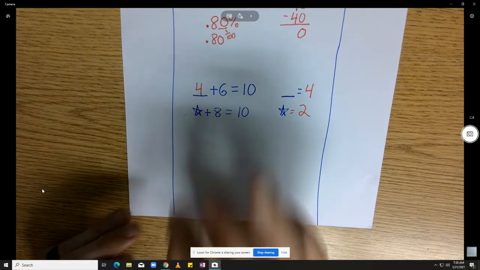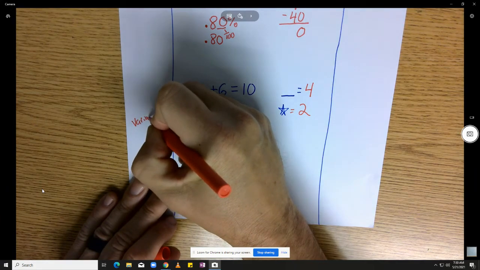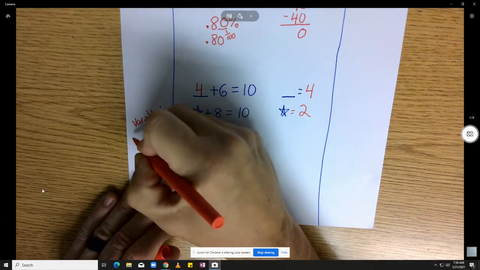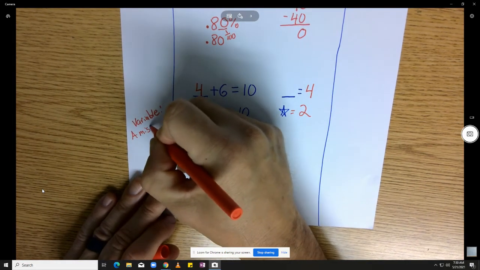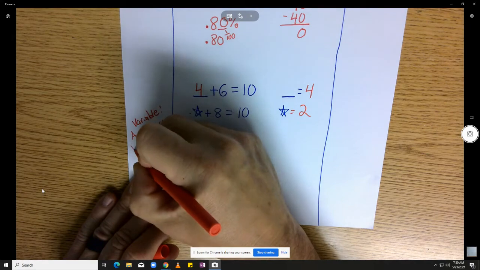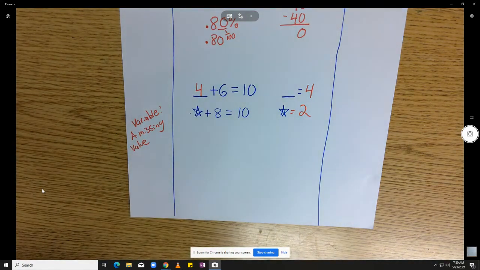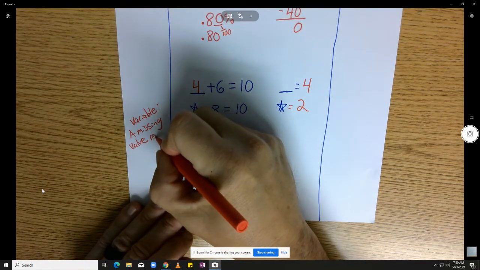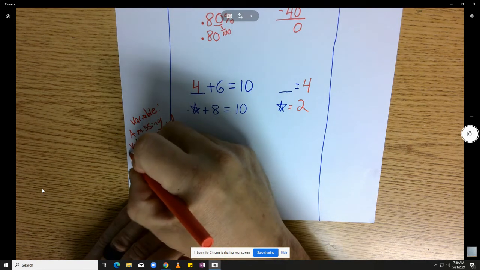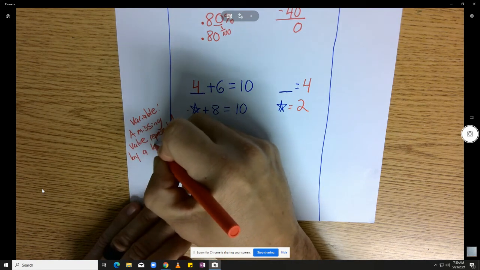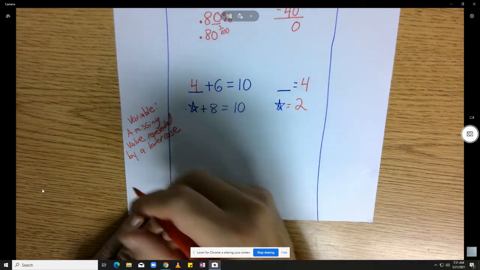They will use lowercase letters. So over here, write a variable. What is a variable? A variable is a missing value. Please write this. A missing value represented by a lowercase letter.